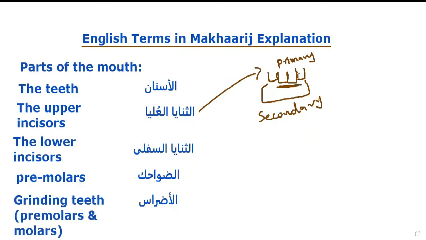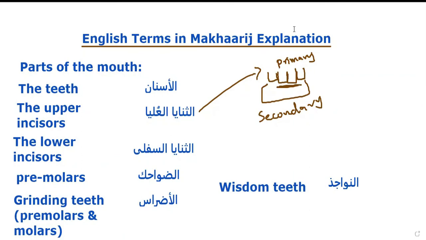So 2 of the premolars are dawahiq, and the 2 other ones behind those are called adras, along with the 2 pairs of molars. I'll give you the explanation in a bit. And then you got the last one, the wisdom teeth. Okay, last ones are the wisdom teeth. So these are all from my memory.